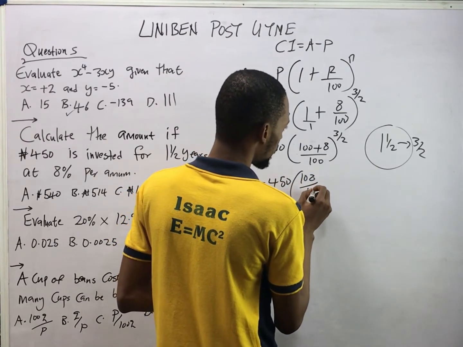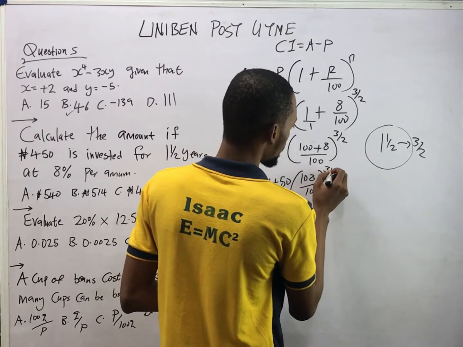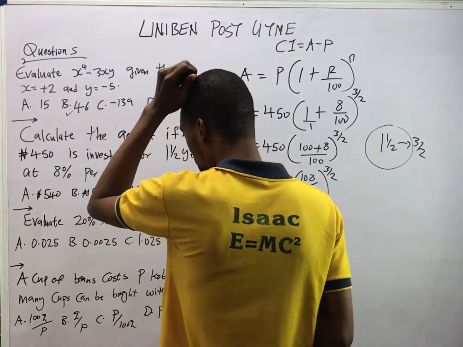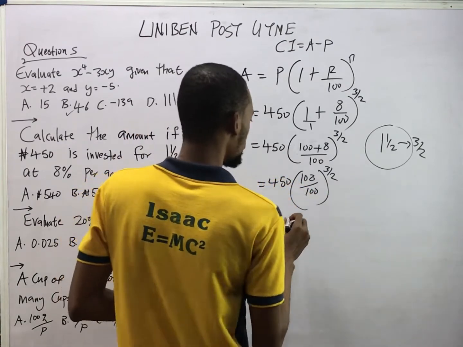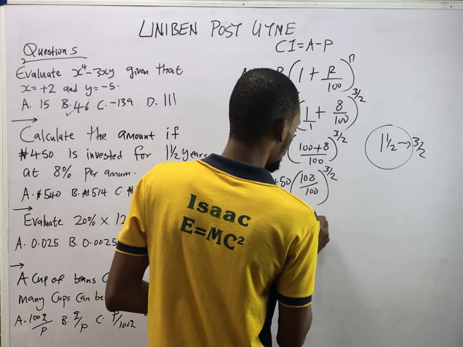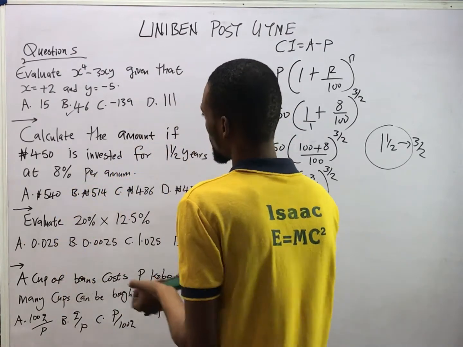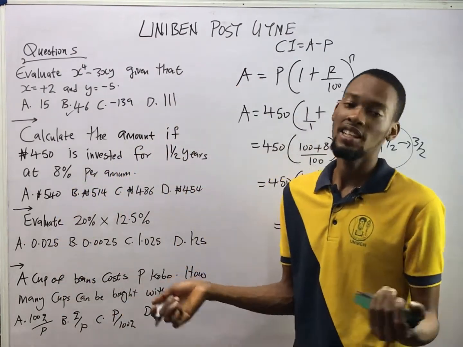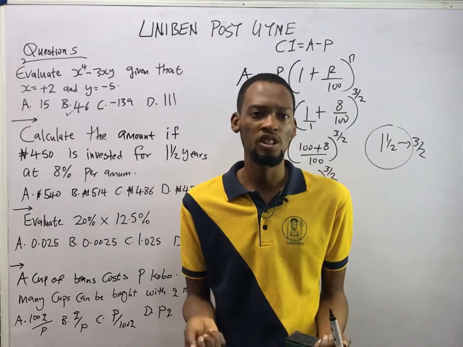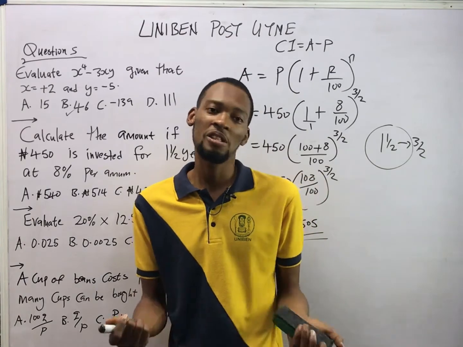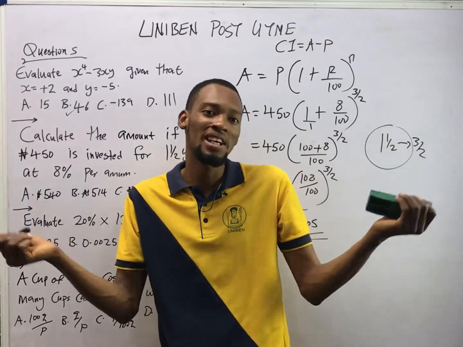Simplifying this, according to my calculation, this will give you 505 naira, and it's not in the options. So unfortunately, there's no answer in the options. It happens in Uniben Post-UTME. You solve some questions and there's no answer. So what do you do? Probably leave the option blank.